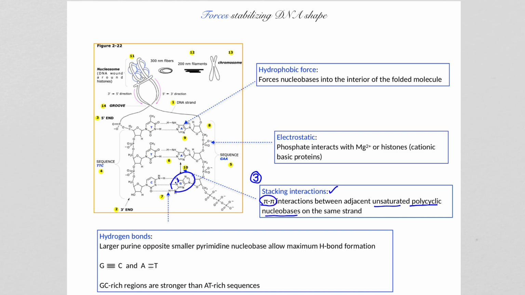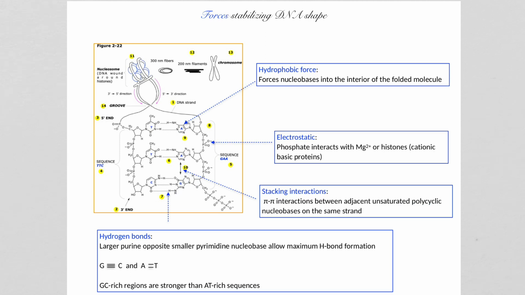And so the pi electrons on one base can interact with the pi electrons on another base. This interaction is called stacking interaction. Stacking interaction plays a very important role in stabilizing the DNA shape.